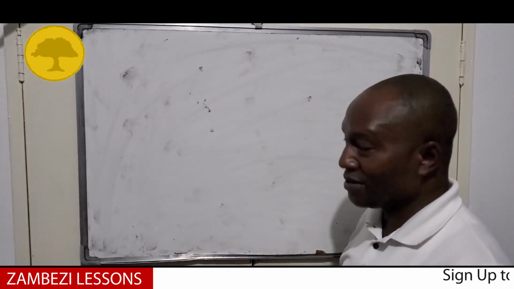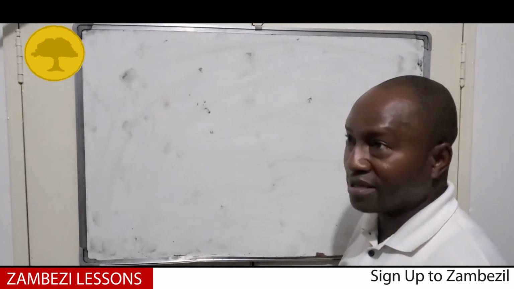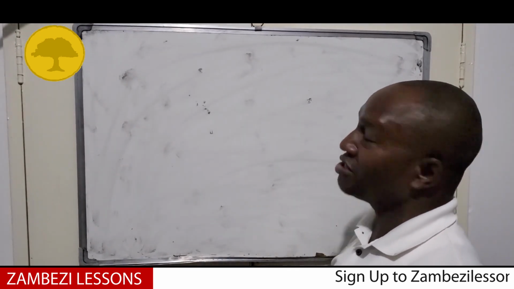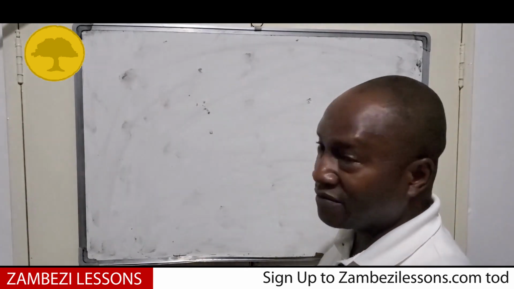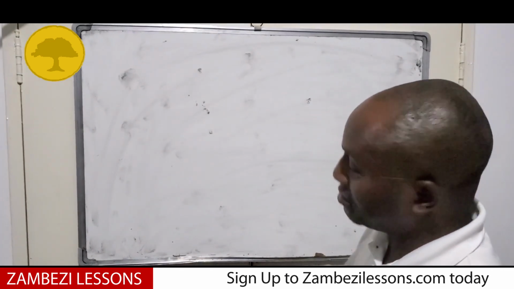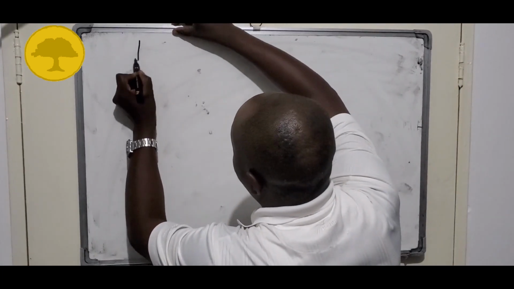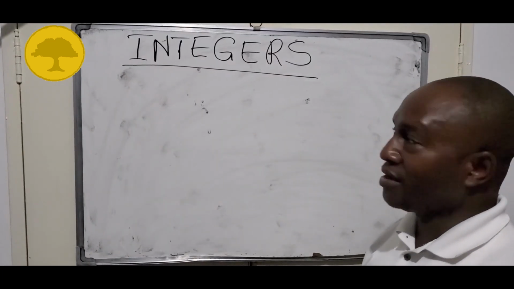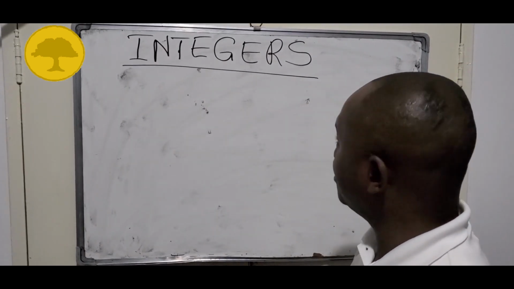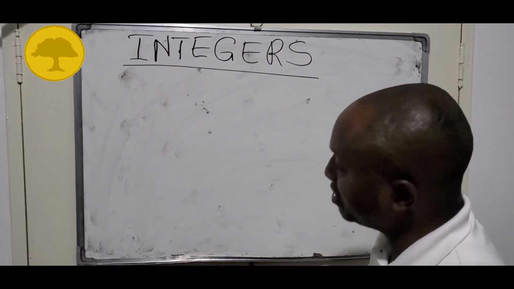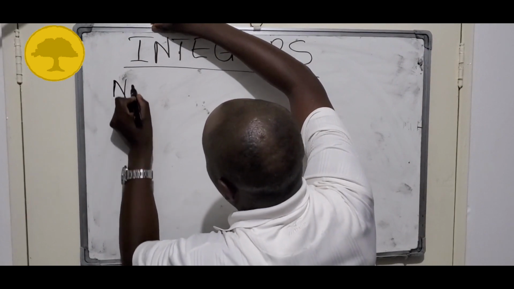Alright, good morning. We're back with yet another lesson today, and we're still looking at numbers and the interesting part about numbers, because mainly numbers form the foundation of mathematics. So for today we're going to look at the set of integers. The minute the term integers is mentioned, the first thing that comes to mind is the number line.